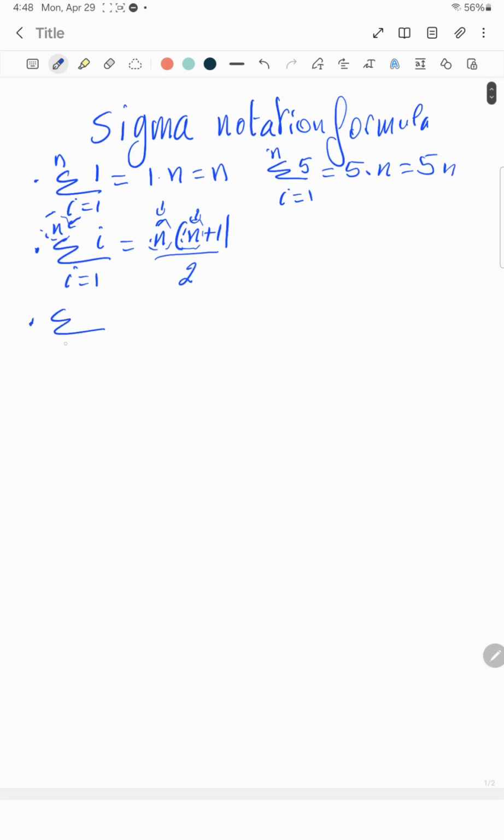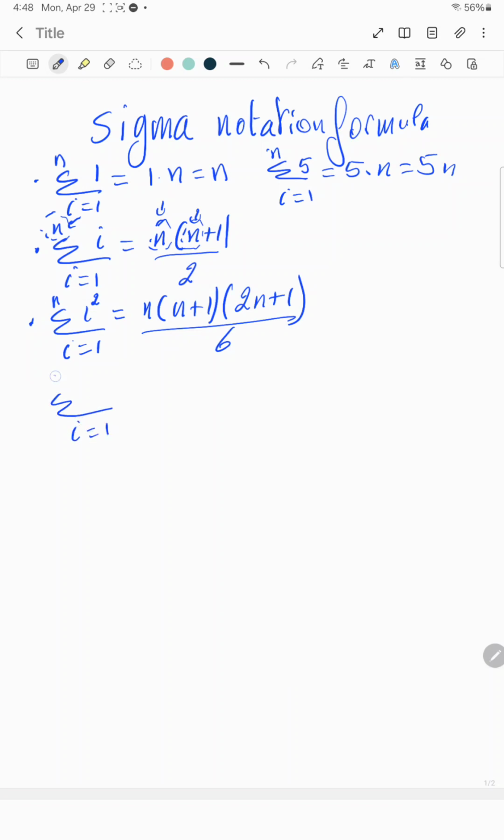My third formula, the sum i equal 1 to n of i squared, is equal to n times n plus 1 times 2n plus 1 divided by 6. And my fourth formula, the sum i equal 1 to n of i cubed, is equal to n squared times n plus 1 squared divided by 4.